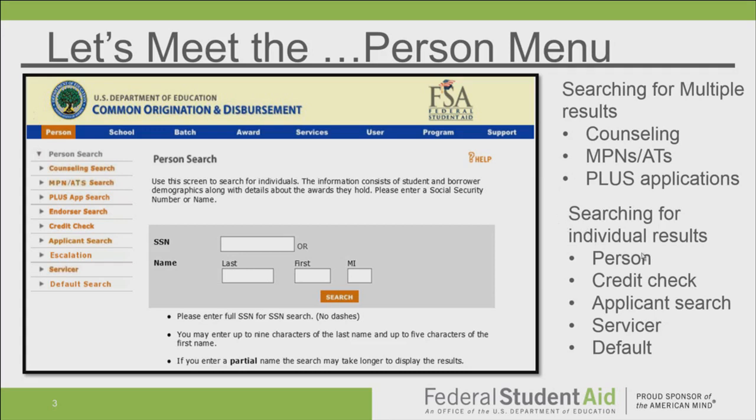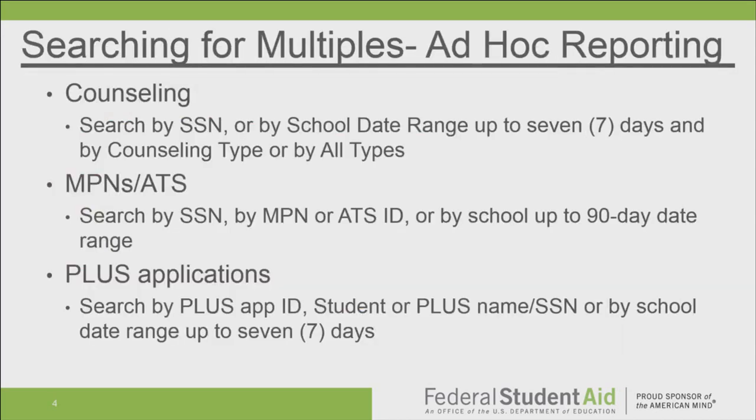In individual results for each individual person, like credit checks, you can see where a credit check was done, the expiration date, what the condition of it is, or the result. Applicant searches, as I said earlier, a little bit about the ISIR information or CPS information that we get. And then again, those last two, the servicer and default information as well.